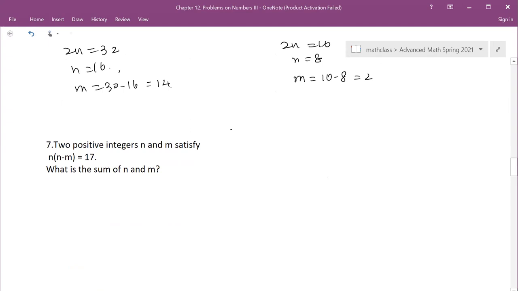Similar here. Let's look at this equation. Read this question carefully. n and m are positive integers that satisfy this equation. What is the sum of n and m? So can you find n and m? One equation, but you have to use some properties, like n and m both being integers.